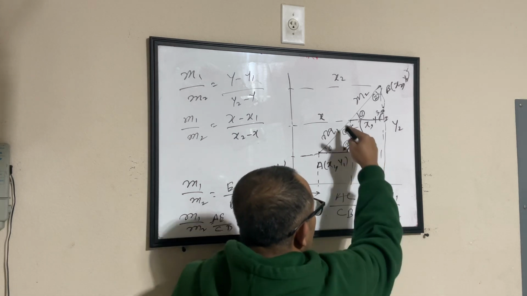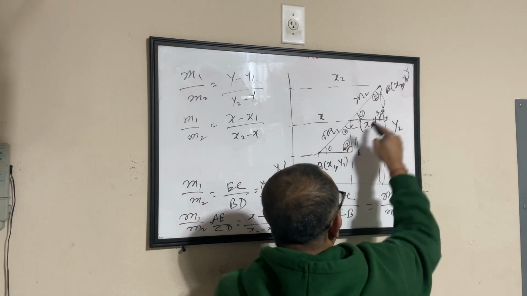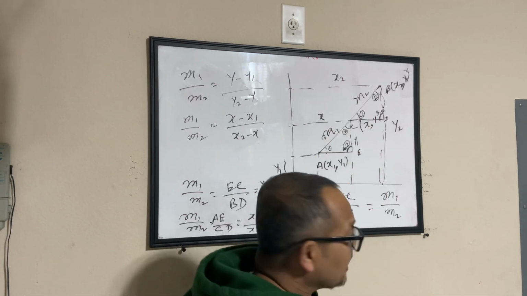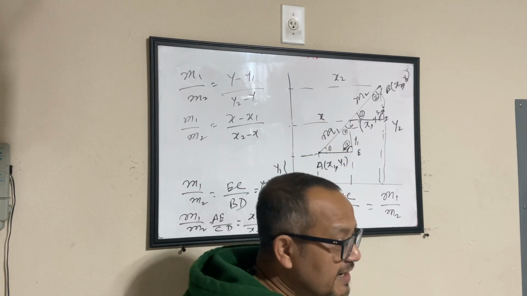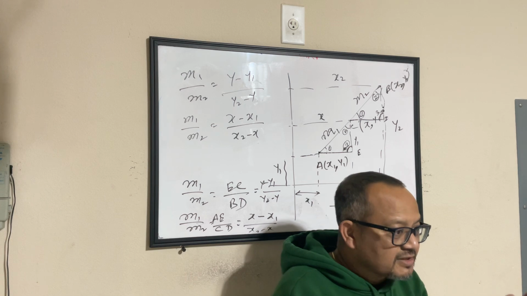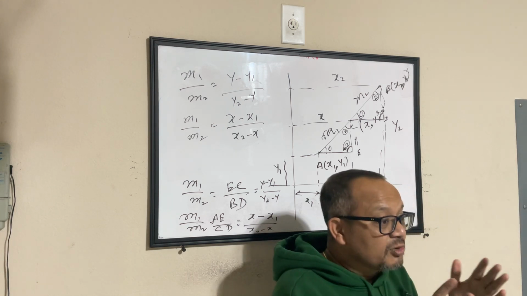What we did was, we dropped perpendiculars so that we got this triangle and this triangle. Our goal is to find this ratio, and a ratio comes only through similar triangles. Similar triangles tell us the sides will be in the same proportion. So that's why we are trying to prove them similar.